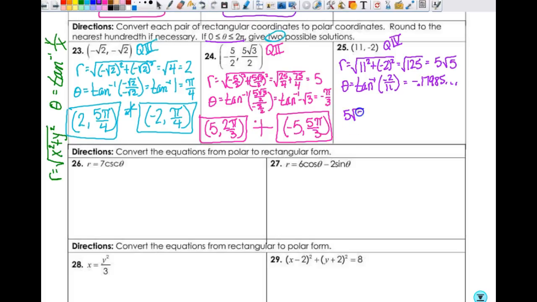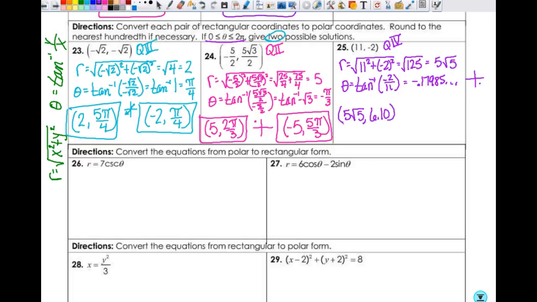5 square root of 5, comma, but since this is a negative angle, to get my positive angle, because I'm here in the fourth quadrant and that's where I want to be, I have to add 360, but I'm in radians so I'd have to add 2 pi, and when you add 2 pi to that, you get 6.10.